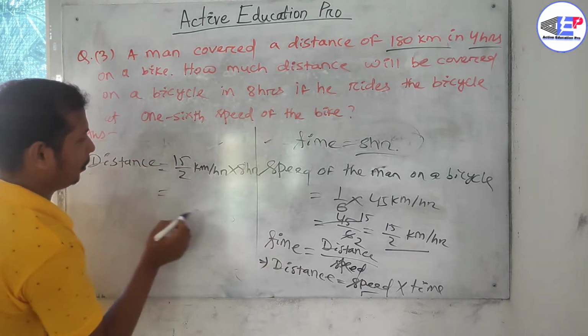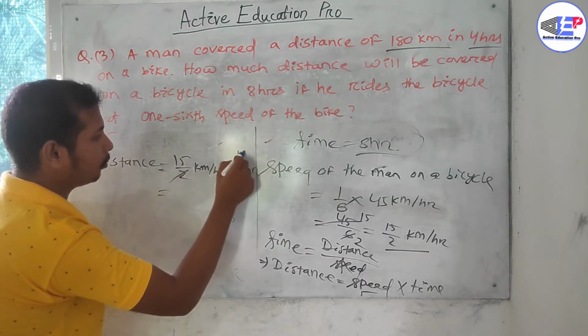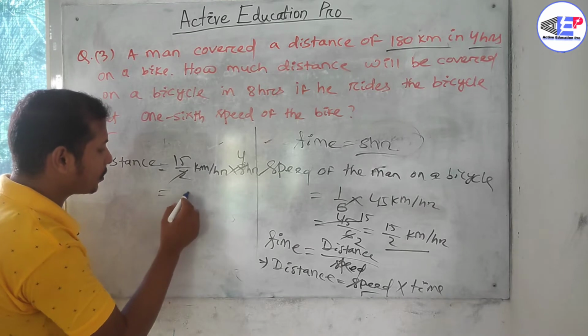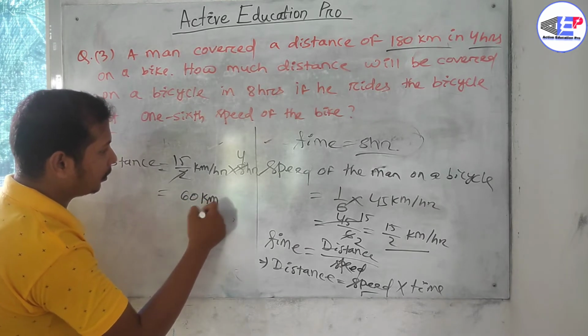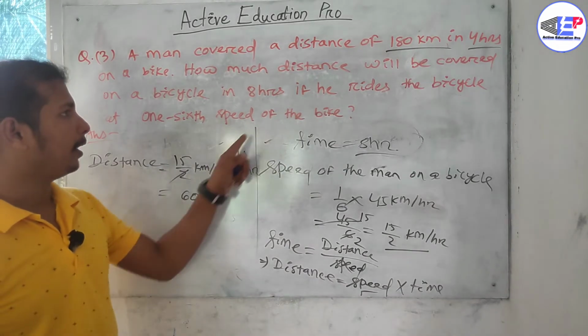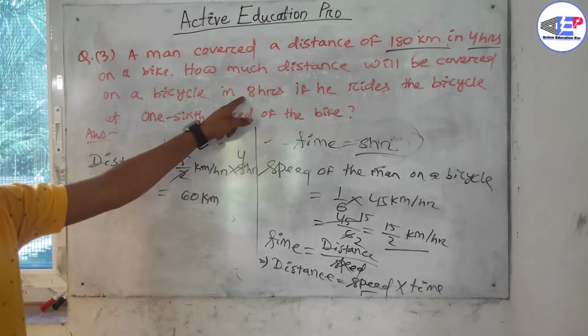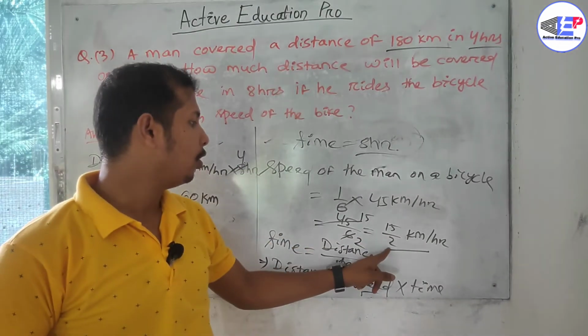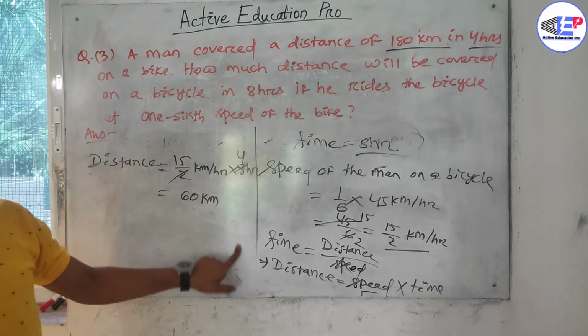By dividing 8 by 2 it will give 4. So 15 into 4 is 60 km. So the distance covered by the bicycle in 8 hours with a speed of 15 by 2 km per hour will be equal to 60 km.